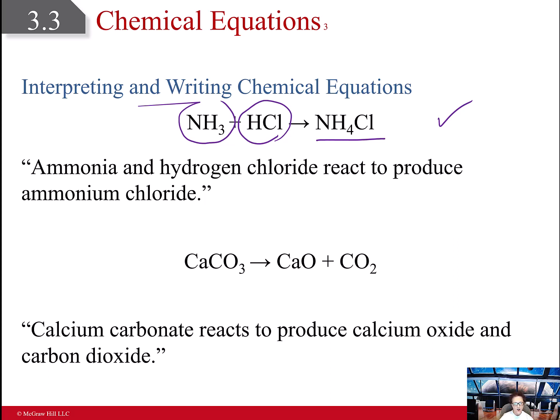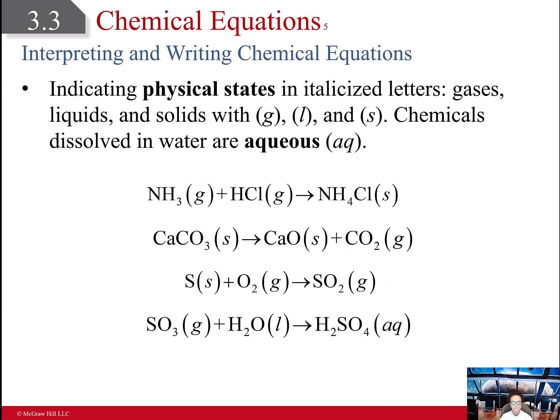So that arrow means to produce or reacting. Calcium carbonate, you know how to name these, produces calcium oxide and carbon monoxide. Okay, so that's how you read this chemical equation once you see it.